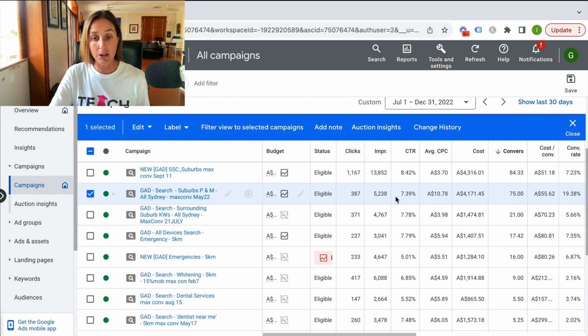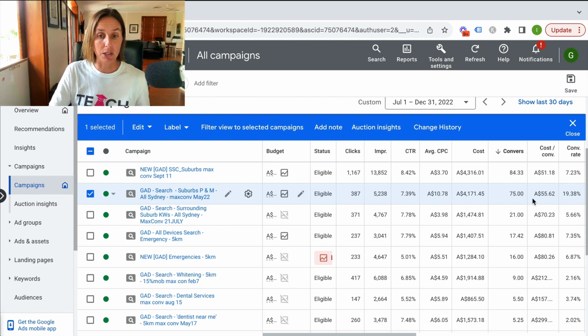And as you can see here, it gets a similar click-through rate. This time 7.5% on average, but it gets me a 20%, or almost a 20%, conversion rate. So these are my real money keywords. I want to make sure I never run out of budget. I'm getting the maximum amount of impressions for it.